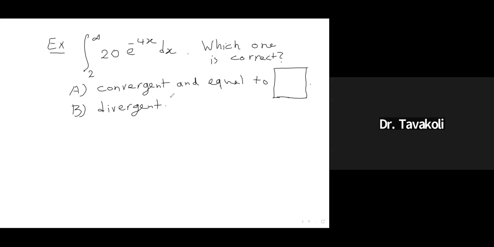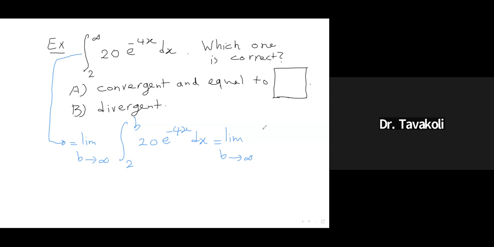Okay, so let's use the definition. By definition, this is going to be equal to the limit as b tends to infinity of the integral from 2 to b of 20 times e to the power of minus 4x dx. What is the antiderivative of this function?